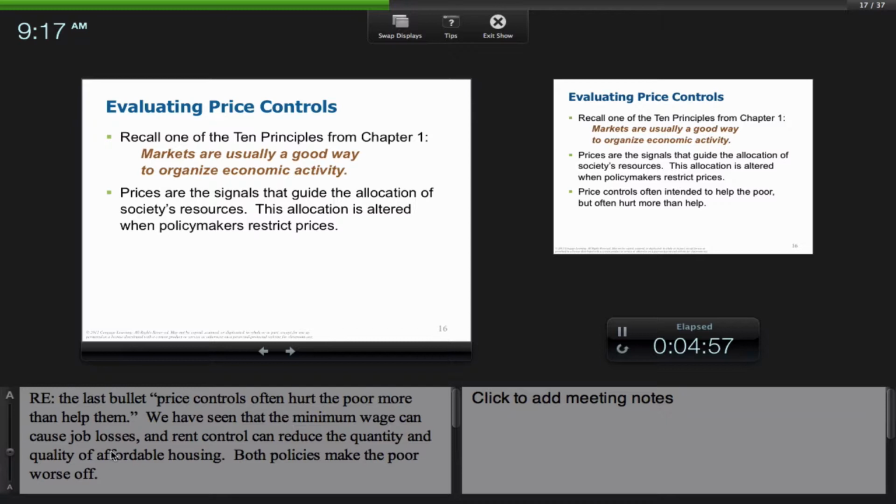In general, who are price controls aimed at? Price controls are intended to assist whom? Low-income consumers. By artificially increasing the wage, by artificially decreasing prices, right? Rent control doesn't help Donald Trump.